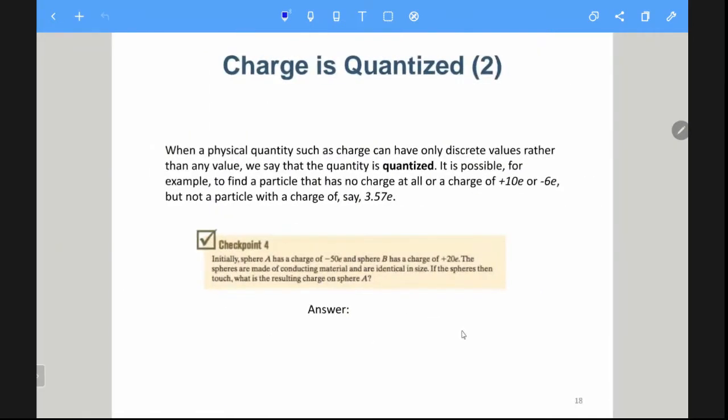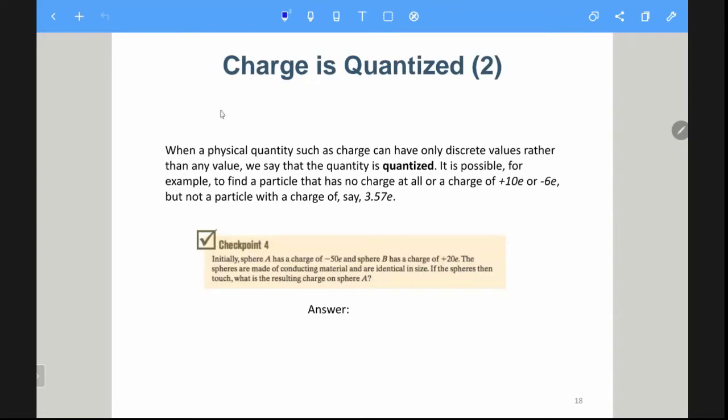It only means that we can only have, say, plus 10e, minus 6e, or an integer multiple of the elementary charge. You cannot get something like 3.57e, 1.5e, or whatsoever.